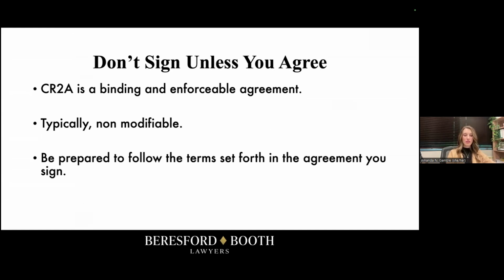There are very few exceptions, which I'm not going to go over today, but I always tell clients, when you sign that CR2A, that is it. There are no changes. You do not get to call me the next day and tell me that you don't like the agreement. You're signing it voluntarily, and you understand that it is binding and enforceable. Generally speaking, a CR2A is just not modifiable after it is signed.